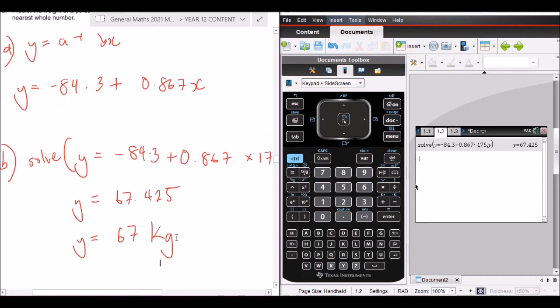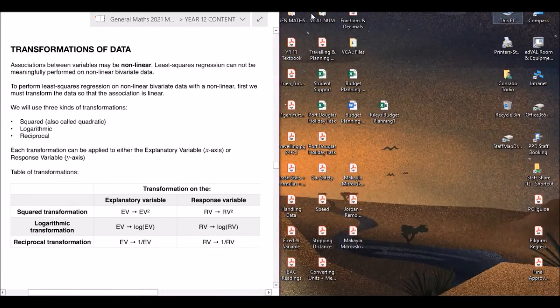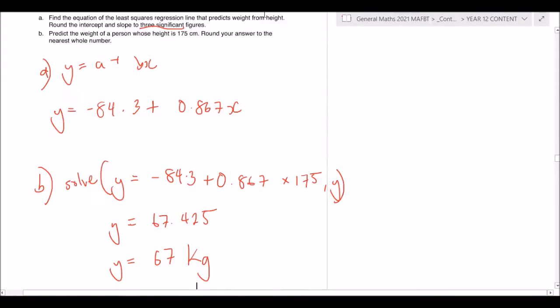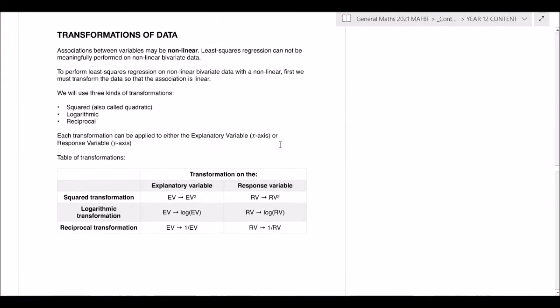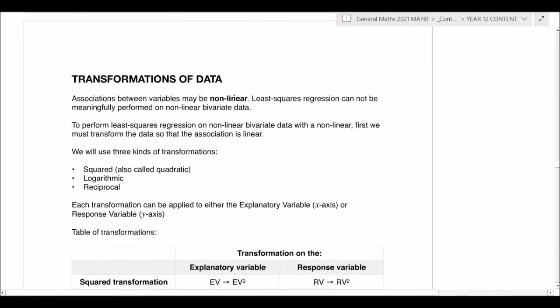Let's go through the main bulk of what we're doing today, which is transformations, which is related to what we just did then. For transformations, associations between variables may not be linear, which means that sometimes you might have a graph that's not necessarily linear. Like it could be curved like this.